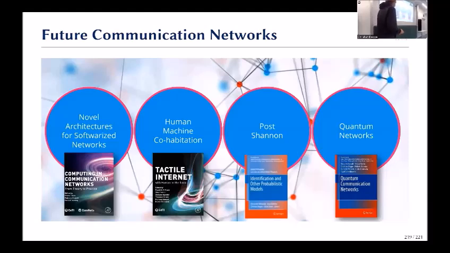I think all people of this tutorial, or only Rafael not, but most of the people of the tutorial are involved in this book. It's on quantum communication networks. In this book, we write about the basis to have communication networks with a quantum layer. What can we do with it, and what is possible with it? So this might be 2 or 4 interesting books for you to read and to look at.